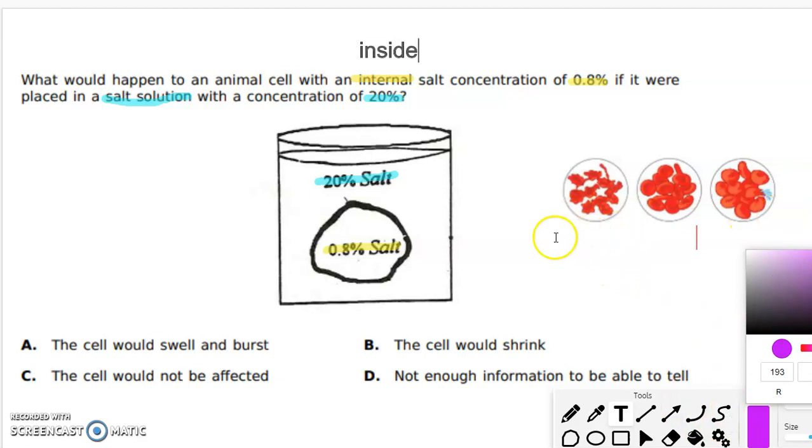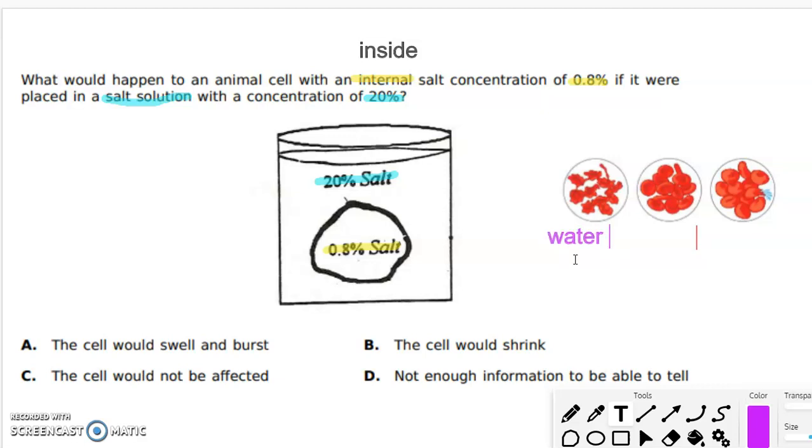So we're going to use these pictures right over here. We have three different pictures of cells. In this first picture, we can see that the cells look really small and shriveled. They look like they've shrunk. They've gotten smaller. So remember, if cells get smaller, that means that water has left, the water has gone out.